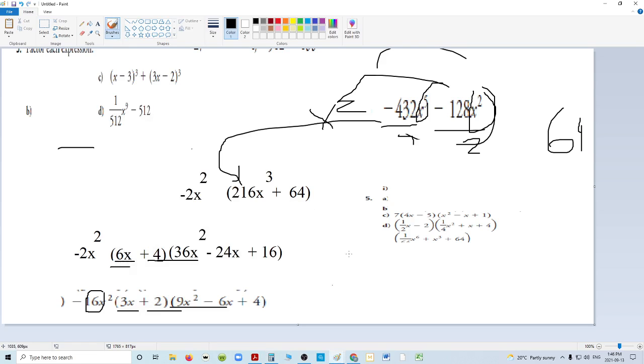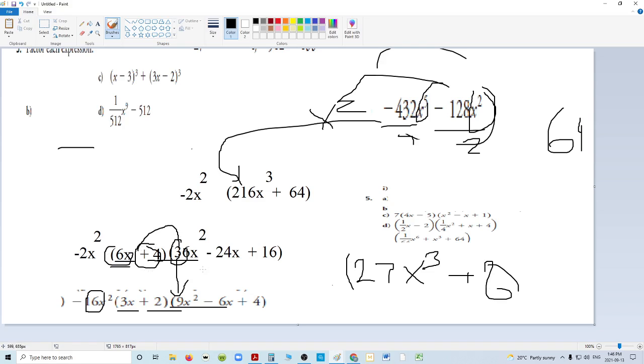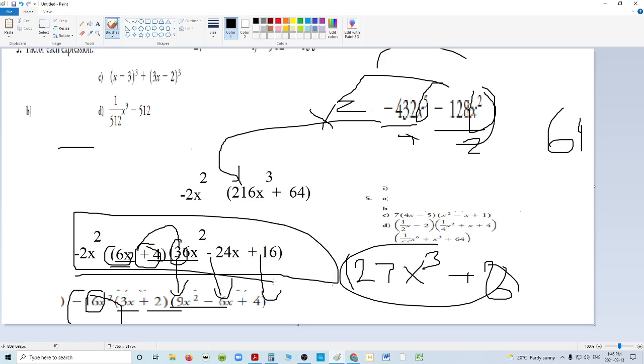So I would have had 27x cubed plus 8, which would instead lead to a 3x plus 2, and thus all these would become that. So they just factored out a bigger number. This is still correct, but not what the book wanted.